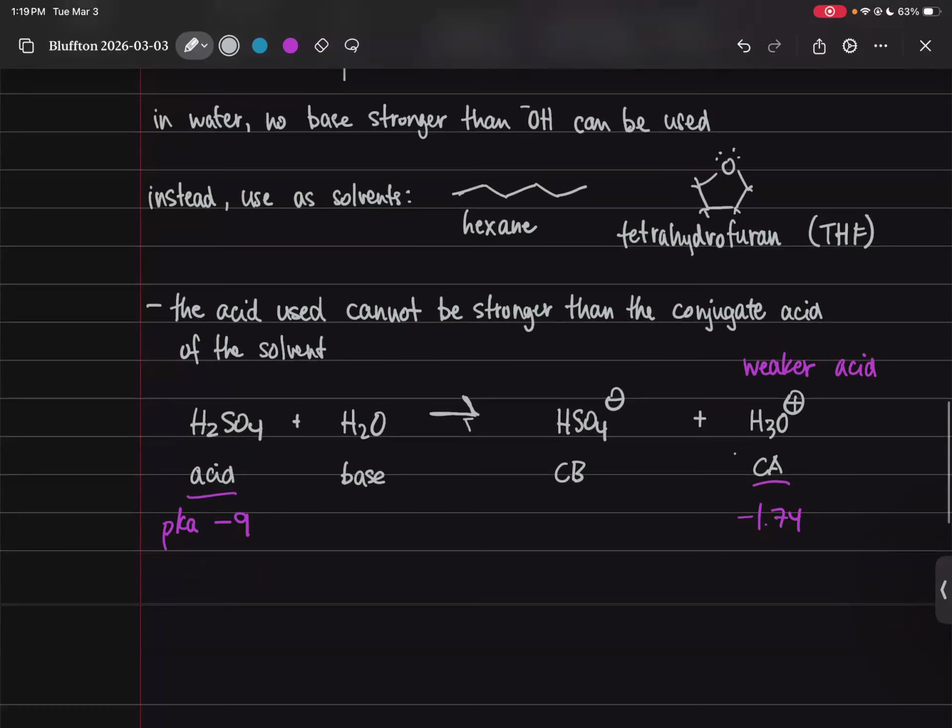And so that means that when we have aqueous sulfuric acid, H3O plus is the actual acid that we're working with. And so when I'm talking about acidity here, I'm talking less about concentration because, of course, you can have different molarities of sulfuric acid, but the molarity of the acid doesn't affect the types of molecules that it can and cannot protonate.